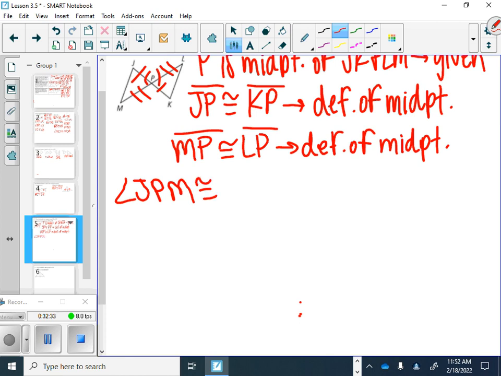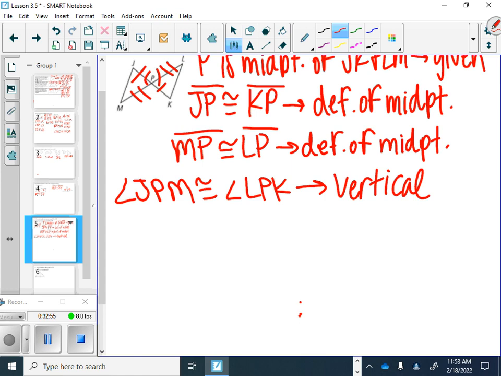How would I name the other angle if I named the first one JPM? LPK. So JPM and LPK are congruent because they're vertical. Okay? Intersecting lines, opposite angles. So they're vertical. Good.